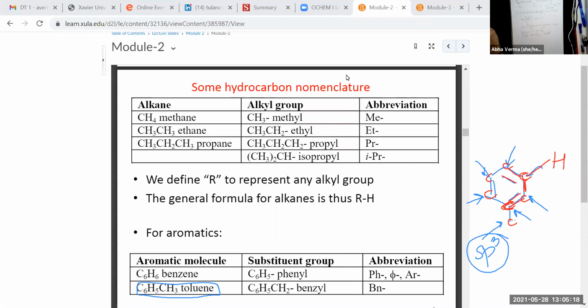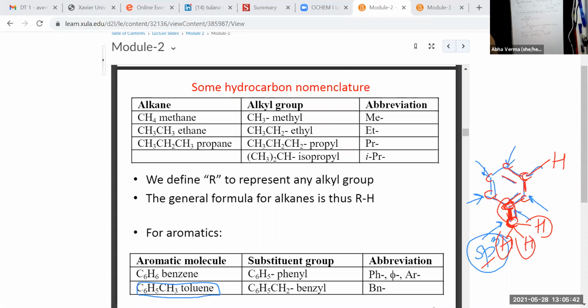It is already making the 4 bonds. So you don't have to fill in any hydrogens here. But this carbon right here needs all the 4 bonds. 1, 2, 3, 4. So 4 electron domains or electron densities, that equals sp3.